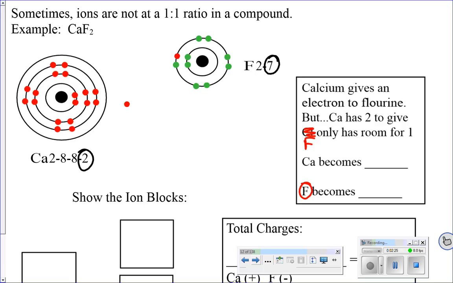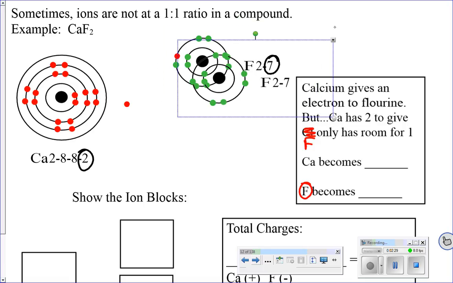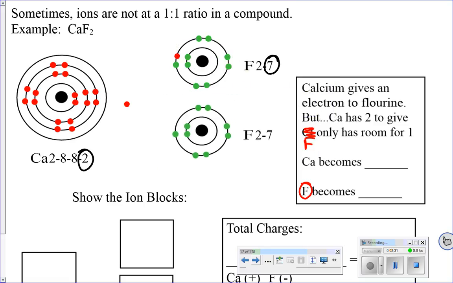So what's actually going to happen is a whole other fluorine is going to come along to accept that other electron. So this guy right here is going to end up going over there. So we actually had 1 electron go to 1 fluorine atom and 1 electron go to a different fluorine atom. Calcium lost 2 electrons and now has a +2 charge. And fluorine, each one gained 1, so each fluorine's charge is -1.